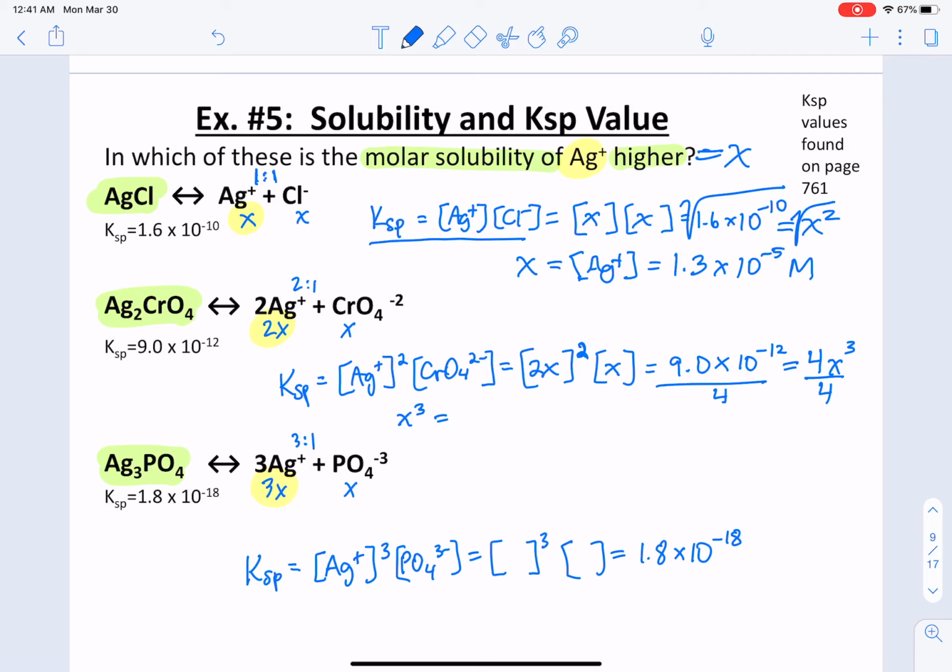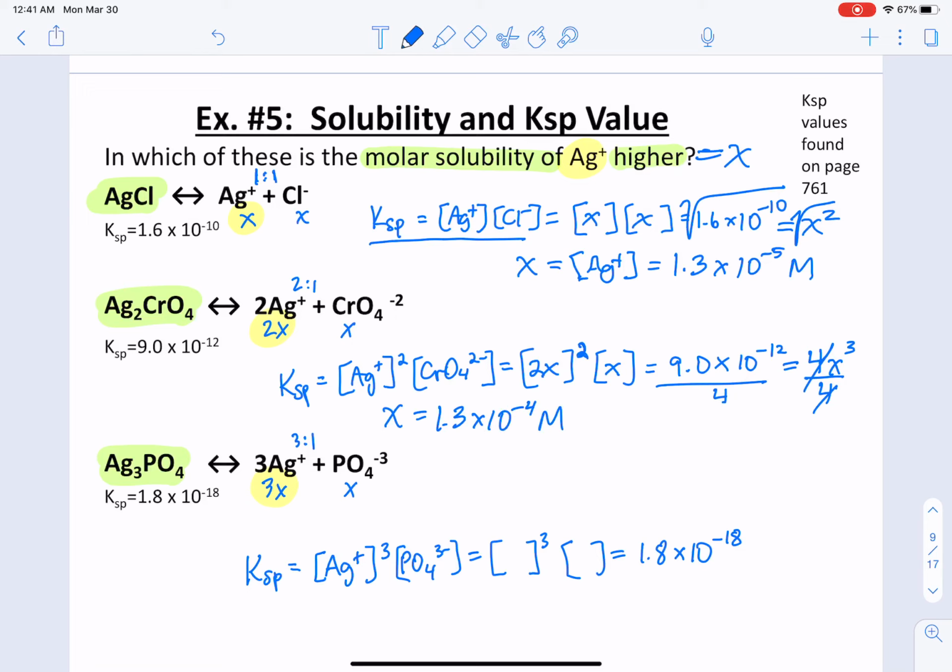Sorry about that, looking at my notes from earlier, the 4 would cancel here. And I solve for x, which has a value of 1.3 times 10 to the negative 4 moles per liter.